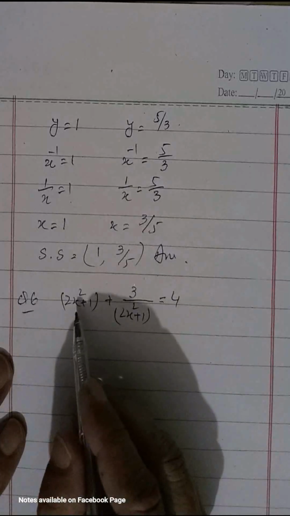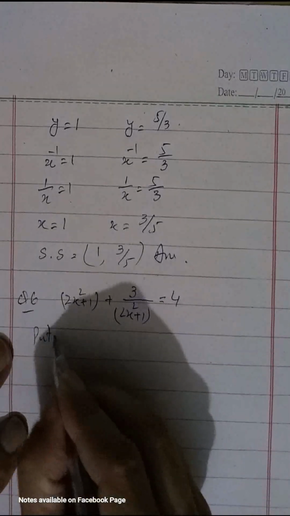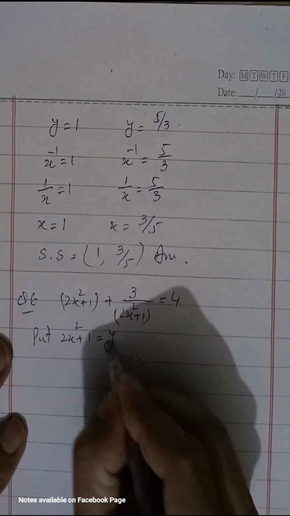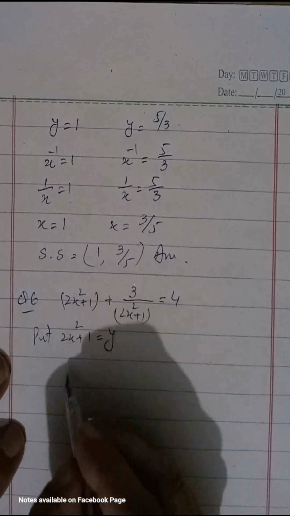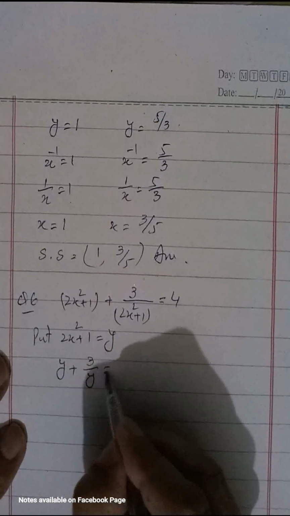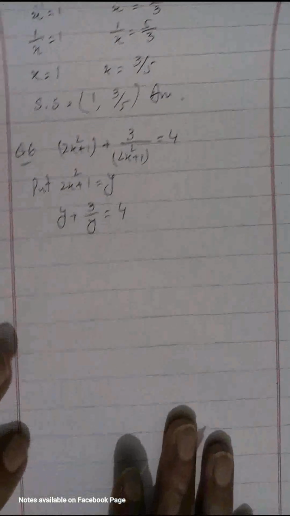Now we put 2x square plus 1 is equal to y. We get y plus 3 over y is equal to 4.